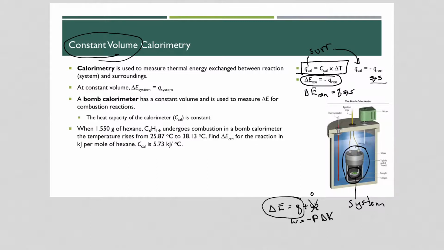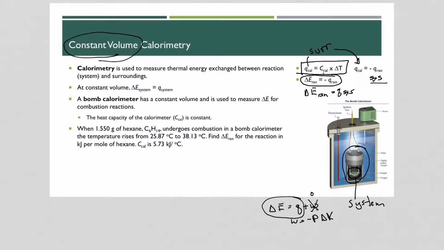Now, for these types of problems, it's always going to be a negative value because we're always releasing energy from the system because we're burning these things. And the surroundings are going to be gaining or absorbing that heat.